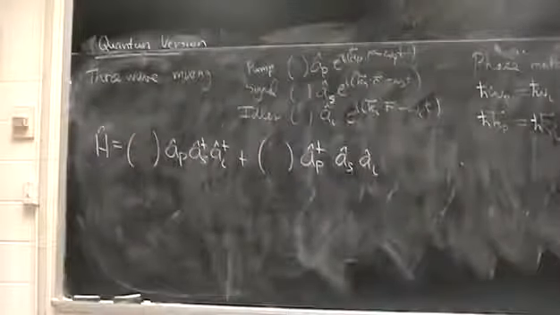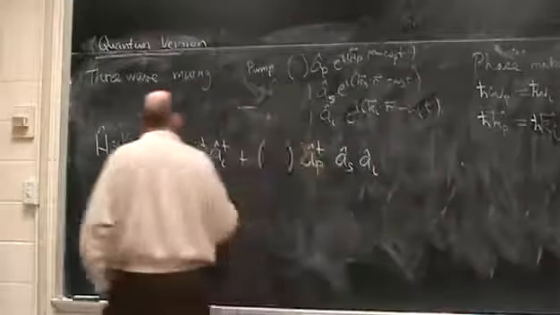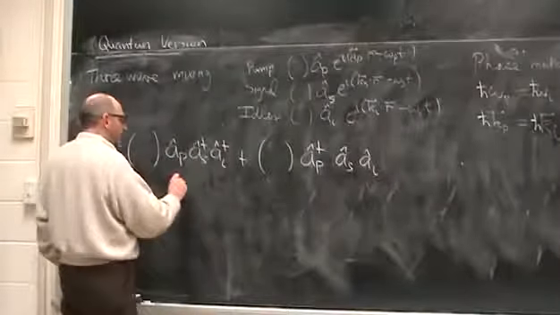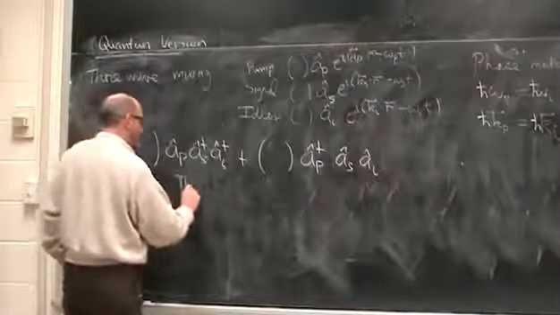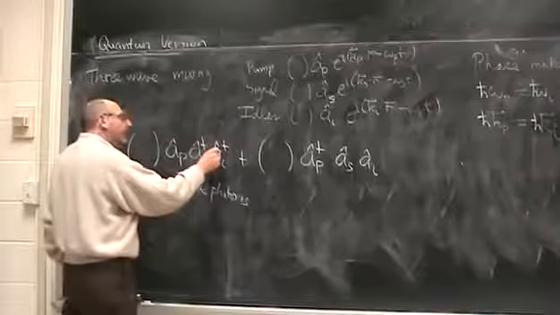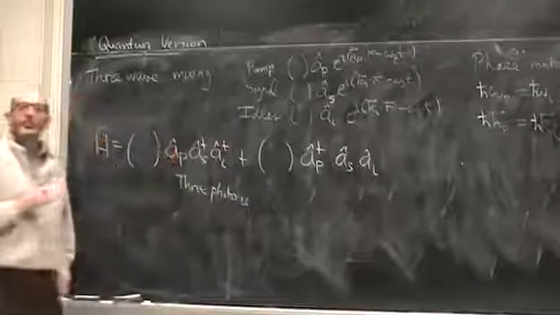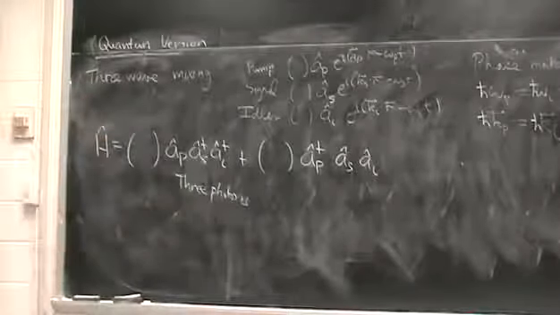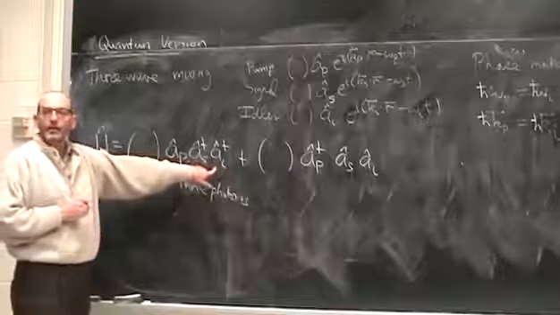So what we see is that the three-wave mixing process involves these three photons: the signal photon and the idler photon and the pump photon. And in particular, what we see here is a process by which we annihilate a pump and create a pair of photons, one signal and one idler.